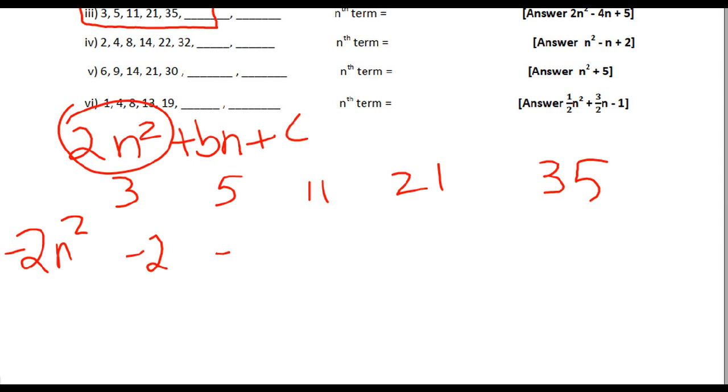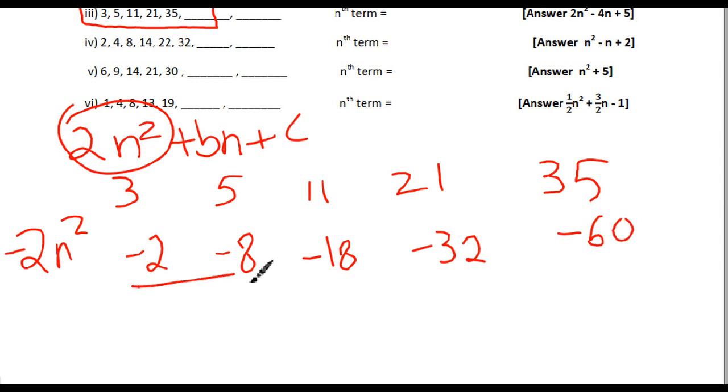The second term will be 2 times 2², which is 8. The third term will be 2 times 3², which is 18, and so on, then 32, and the fifth term will be 50. Subtract these numbers and we get 1, then -3, then -7, then -11, then -15.